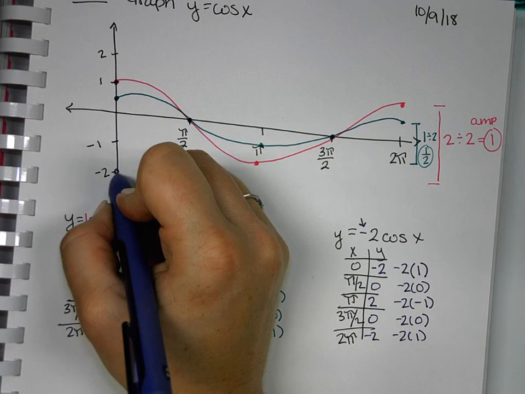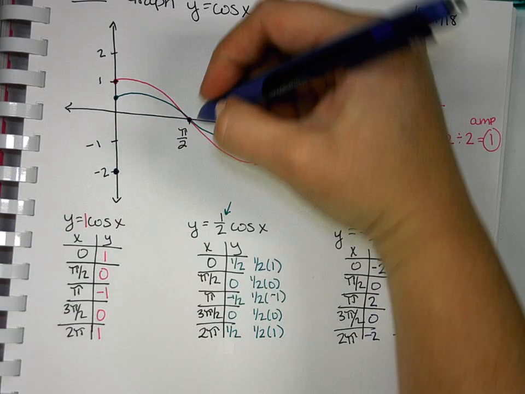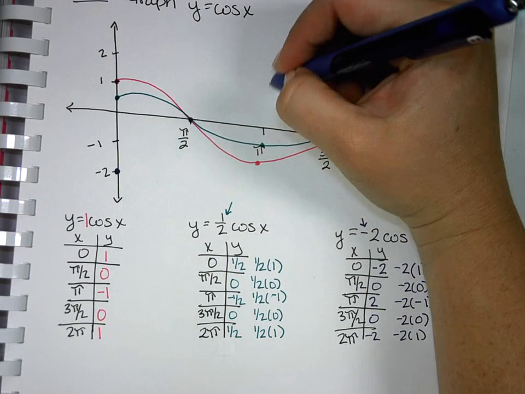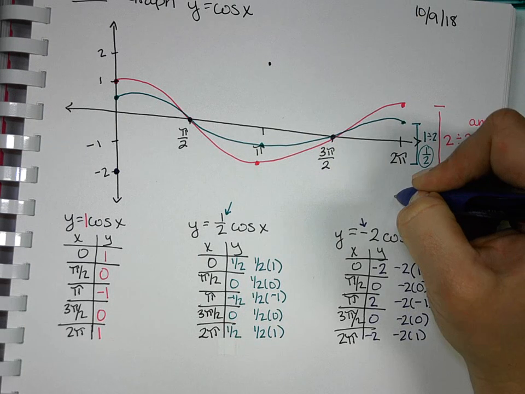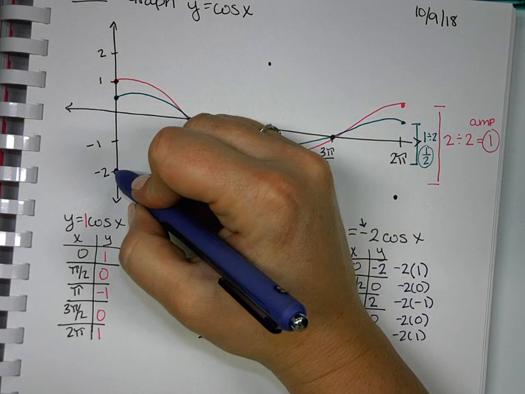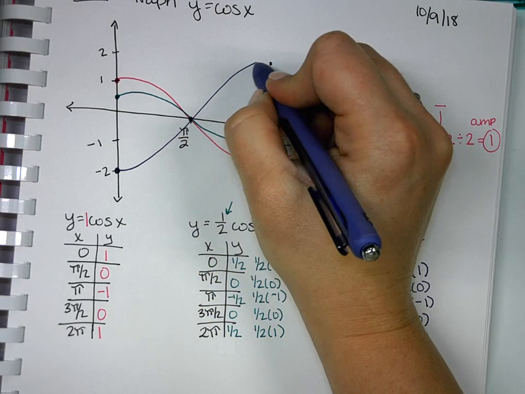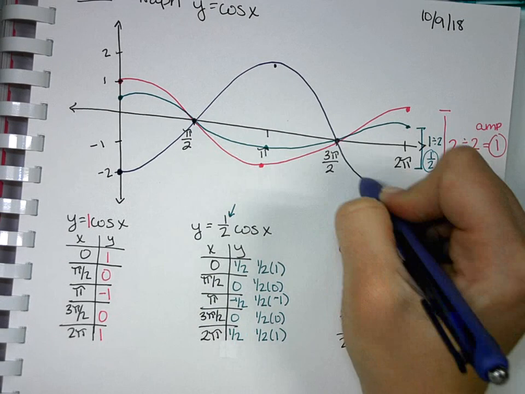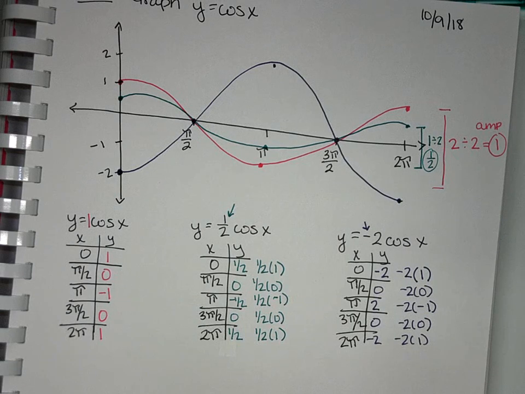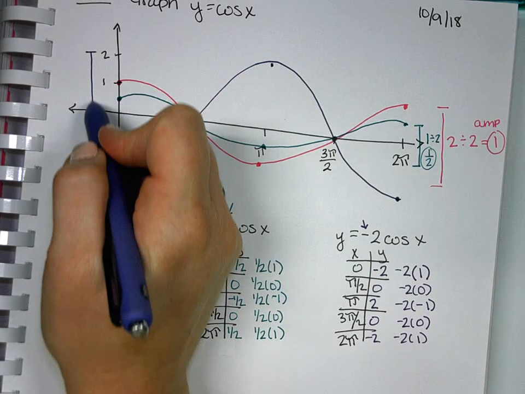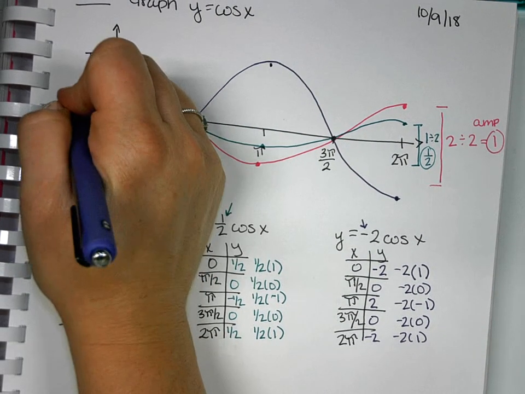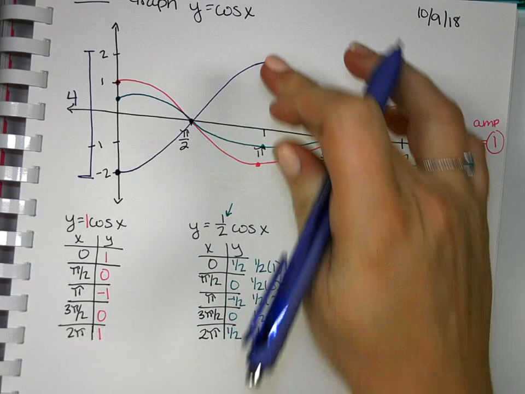So when we graph this one, we will be able to go through the same pattern. We're just starting low and ending high because of that negative. So this one is reflected across the x-axis, but if we look at the amplitude, it's also got a distance of 4 from highest to lowest.